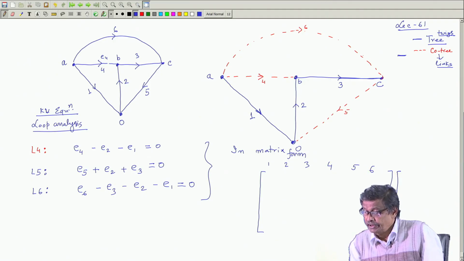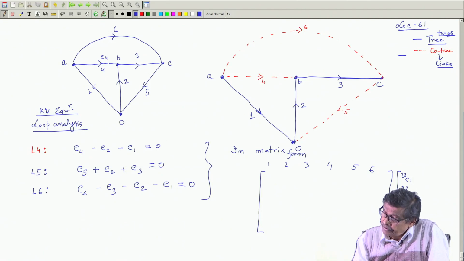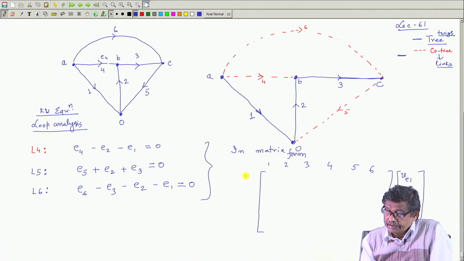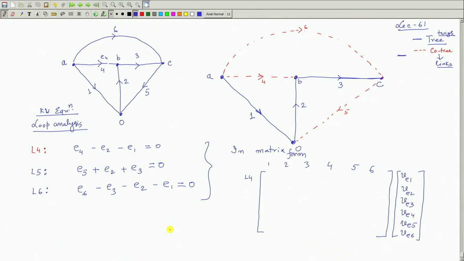Here I will write V1, V2, V3 element voltages, V4, V5 and V6, and here it is loop 4. 3 loops are there. L4, L6 does not mean I am considering 6 loops. I have just identified, named the loops in terms of the link number, that is all.